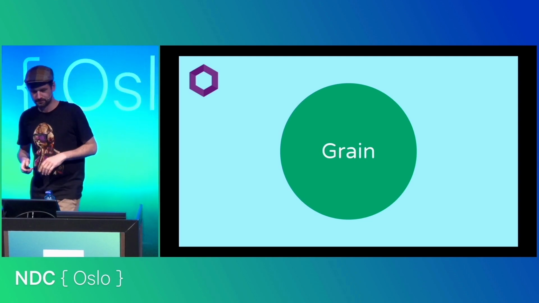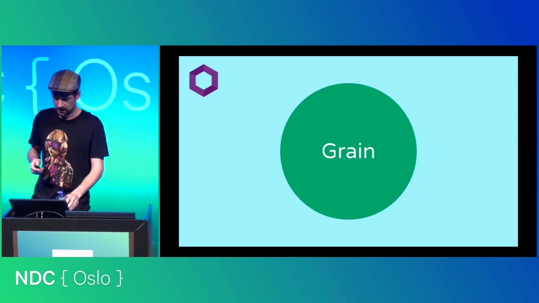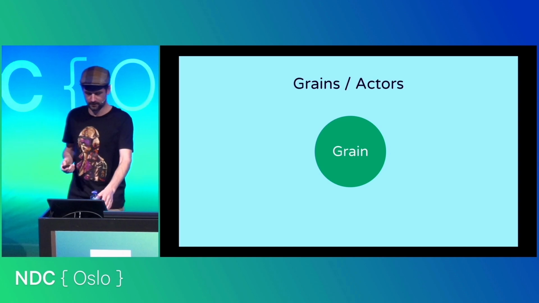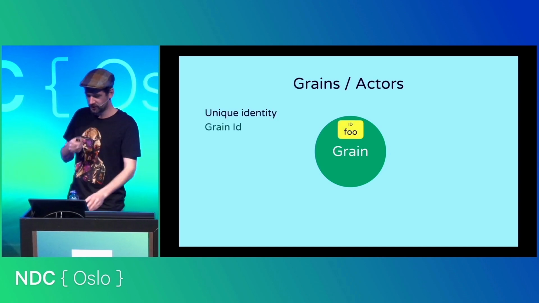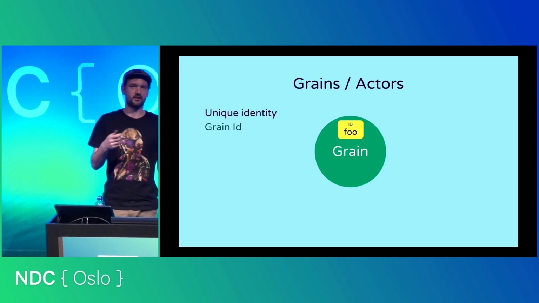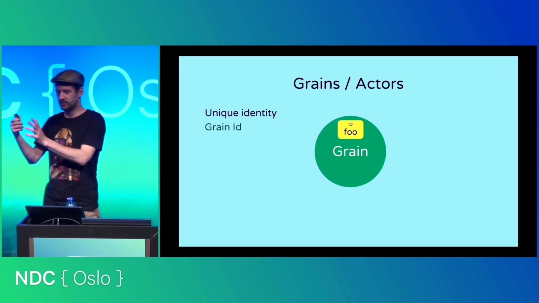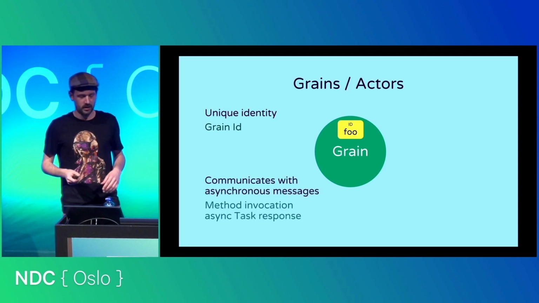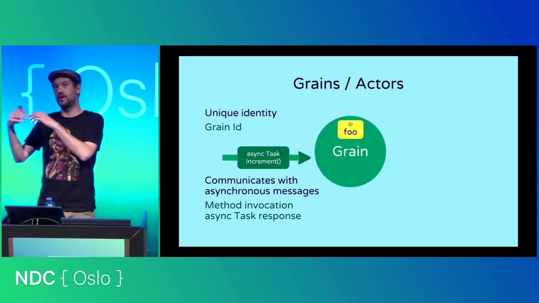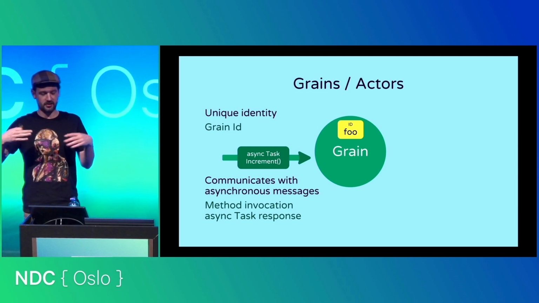It's a grain, and a grain is an actor. And what does that mean? So every grain or actor or object has a unique identity. That's the grain ID. So that's how you can reference that object. It communicates asynchronously with messages, and within Orleans, that means a method invocation.